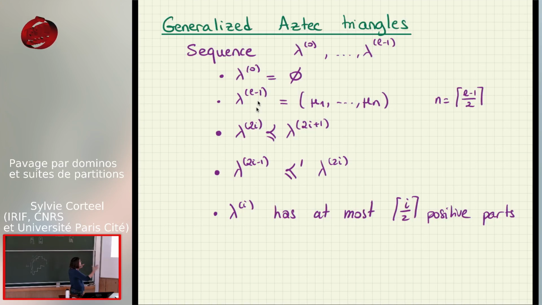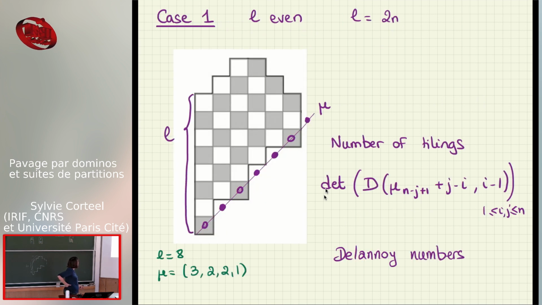So I have a sequence of L partitions that start at empty and end at a partition mu that I fixed. And then between an odd and an even partition, I add a horizontal strip. And between an even and an odd partition, I add a vertical strip. Okay. And then I force my partitions to have a bounded number of parts. And so you can draw this thing when L is even.